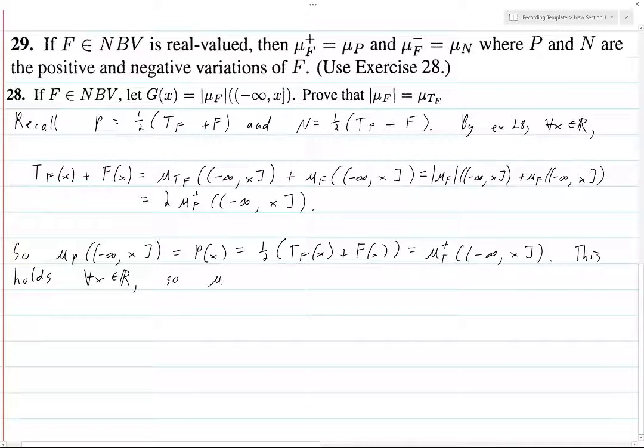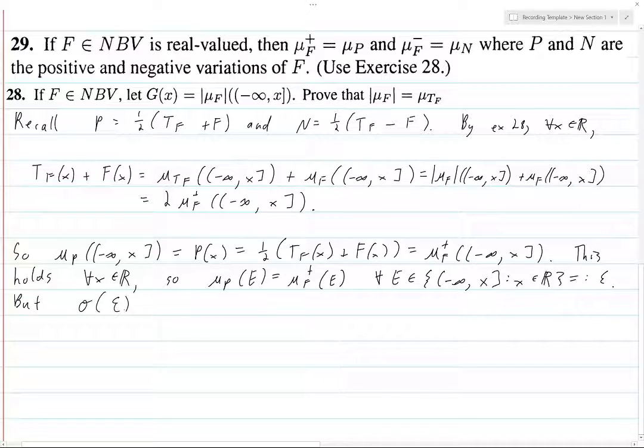So I'm going to write it like this. mu p of E is equal to mu f plus of E for all E in this collection, the collection of open rays, or closed rays, negative infinity to x, where x is in R. And we will define this collection to be equal to E. But the sigma algebra generated by this collection is equal to the Borel sigma algebra on R. That's a very simple exercise if you haven't seen it, or if you don't know it off the top of your head.